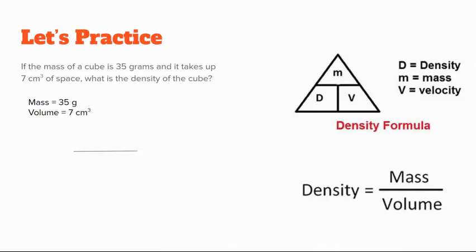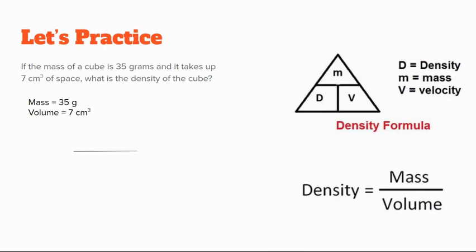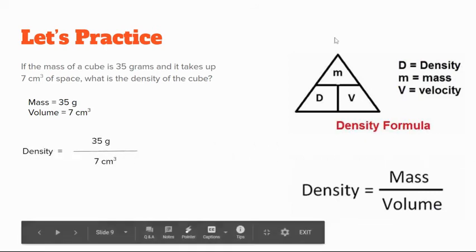So I know my mass and I know my volume. So what do I do with this information? I set it up in my equation where density equals mass divided by volume.